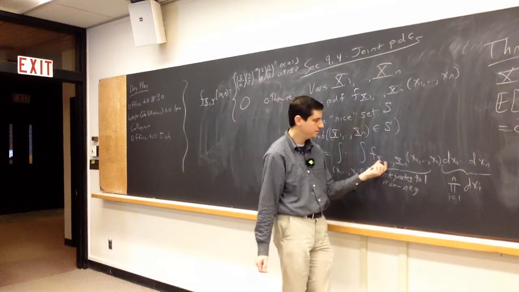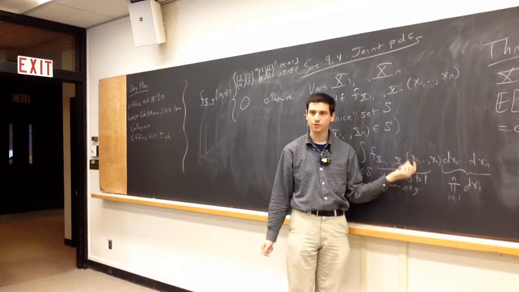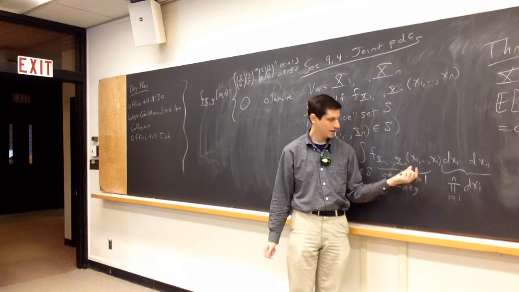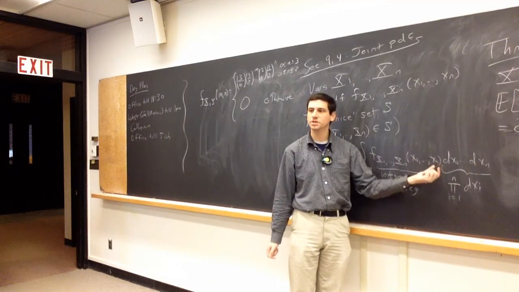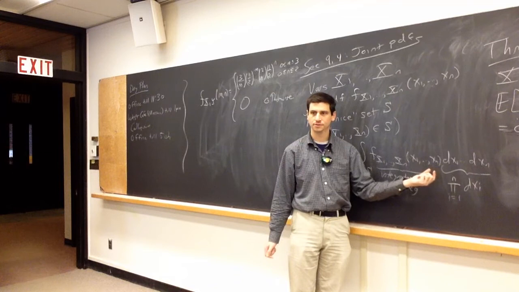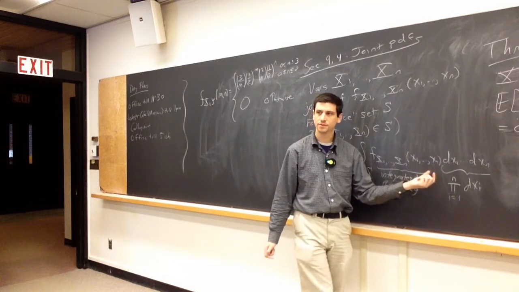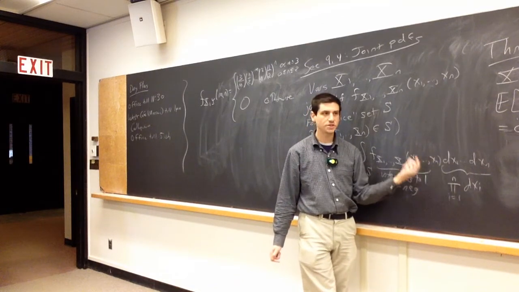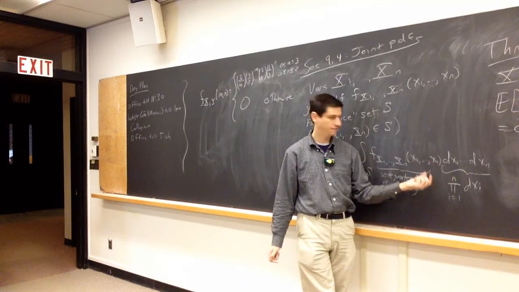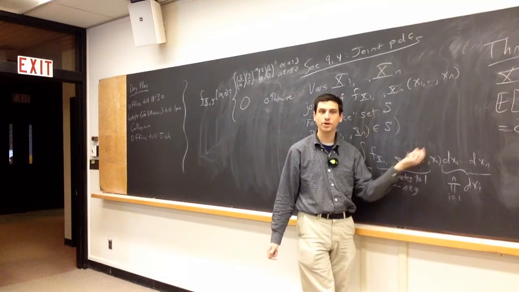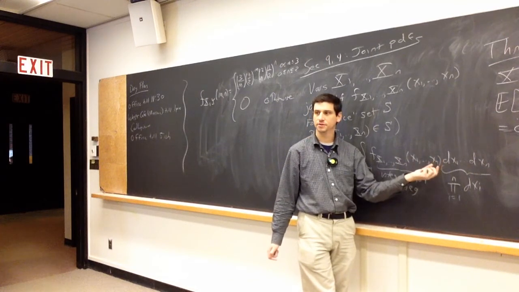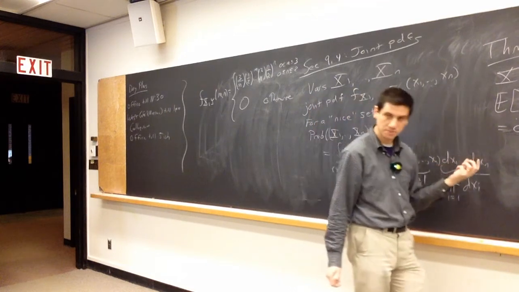The way that happens is I can choose anything I want for little x1. And then once I know what little x1 is, what must x2 equal? So I want the sum to be x. If the first one is x1, what does x2 have to be? X minus x1.